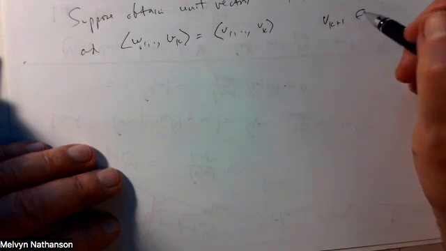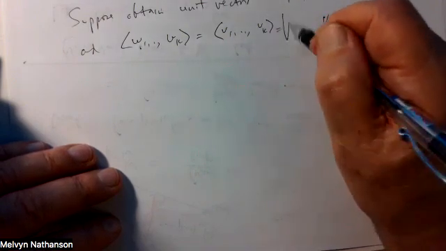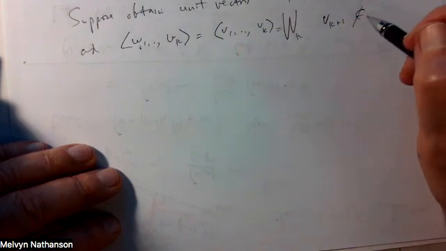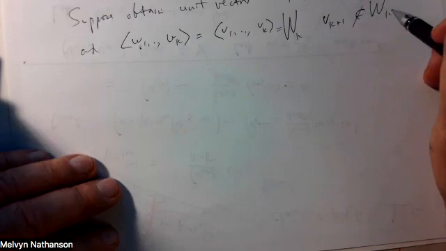Then V sub k plus 1 is not in this subspace. Let me just call this W sub k. For Vk plus 1 is not in Wk.